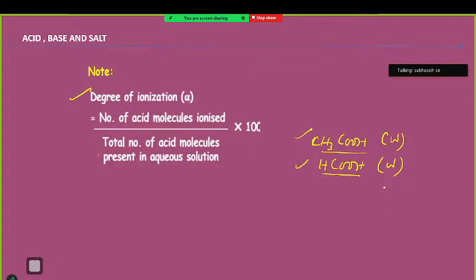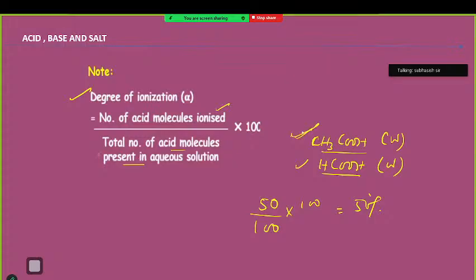It is the ratio of the number of acid molecules ionized divided by the total number of acid molecules present in the aqueous solution. If you take 100 molecules in aqueous solution and 50 of those are dissociated, then the degree of dissociation will be 50%.